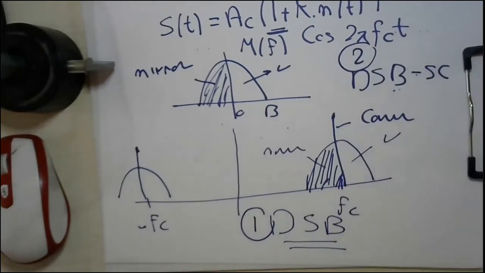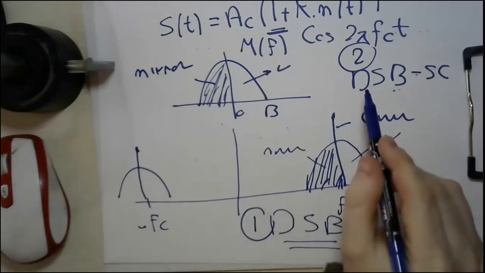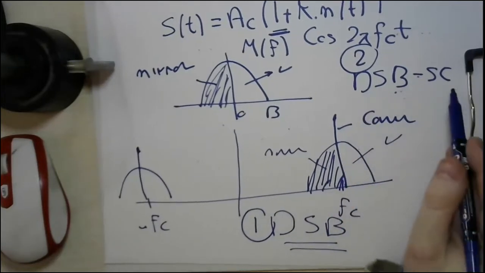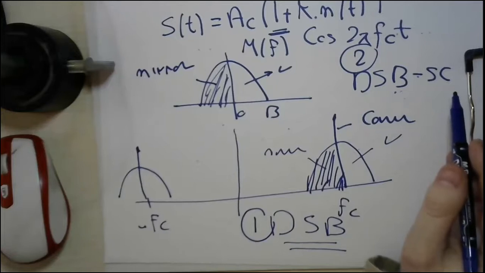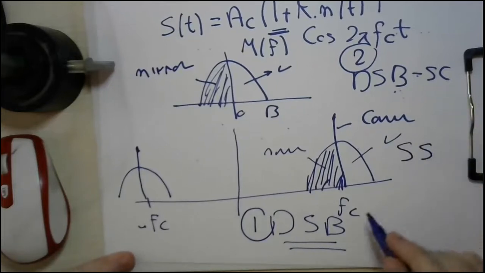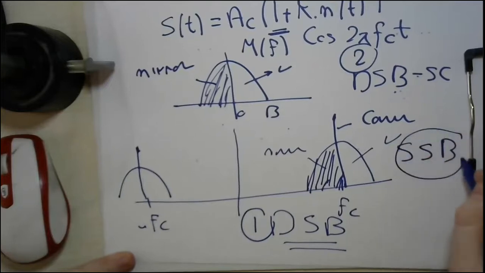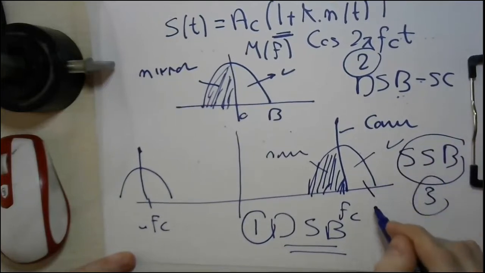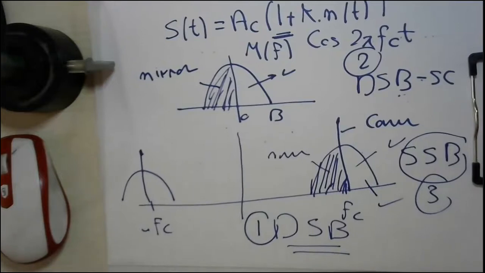So the first technique is simply to send both sides of the message, the double-sided message, in addition to the carrier. The second technique is to send the message without the carrier. Do we have a third technique? Yes. Single sideband. To send only one side, because you will say, okay, this is a redundancy.